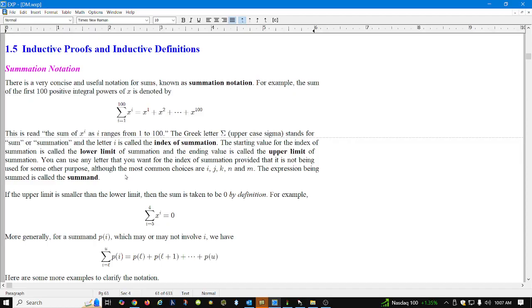If the upper limit is smaller than the lower limit, then in a sense the sum doesn't make any sense, but it's taken to be 0 by definition. So in this case, the sum as i goes from 5 to 4 of x to the i would be considered to be 0.